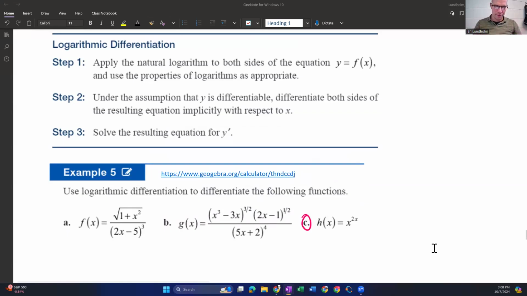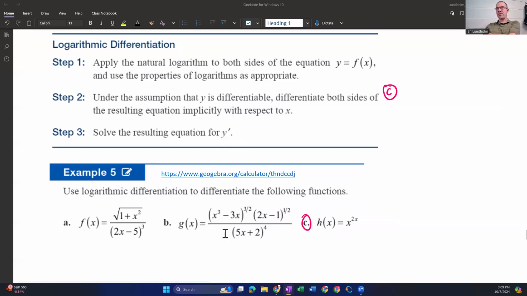I might leave this up there so that you can read it as we go along. But I think I've got enough room on the right-hand side here to squeeze things in. We're going to do part C. The other two, parts A and part B here, those ones you could do without logarithmic differentiation, it would just be a colossal pain to do the quotient rule and product rule and chain rule on this kind of stuff.